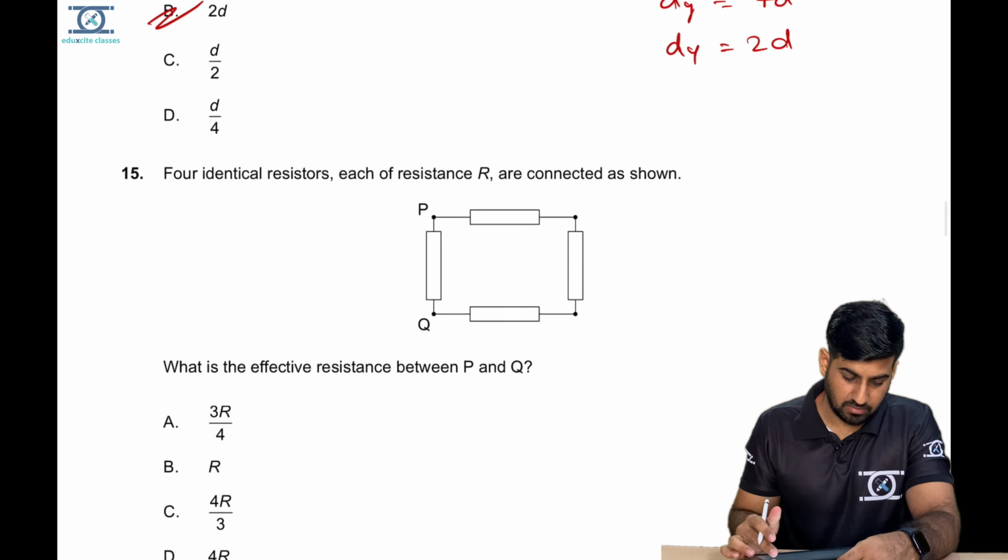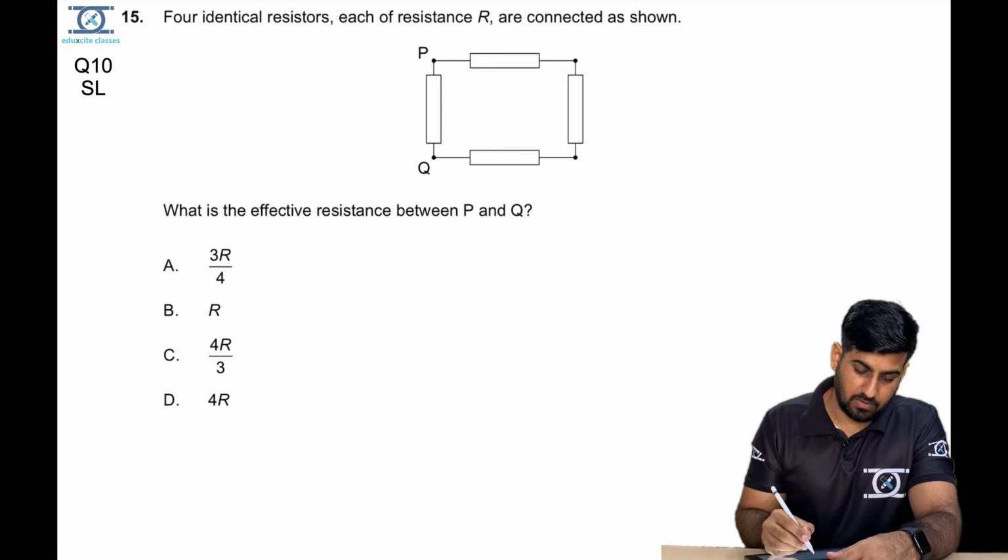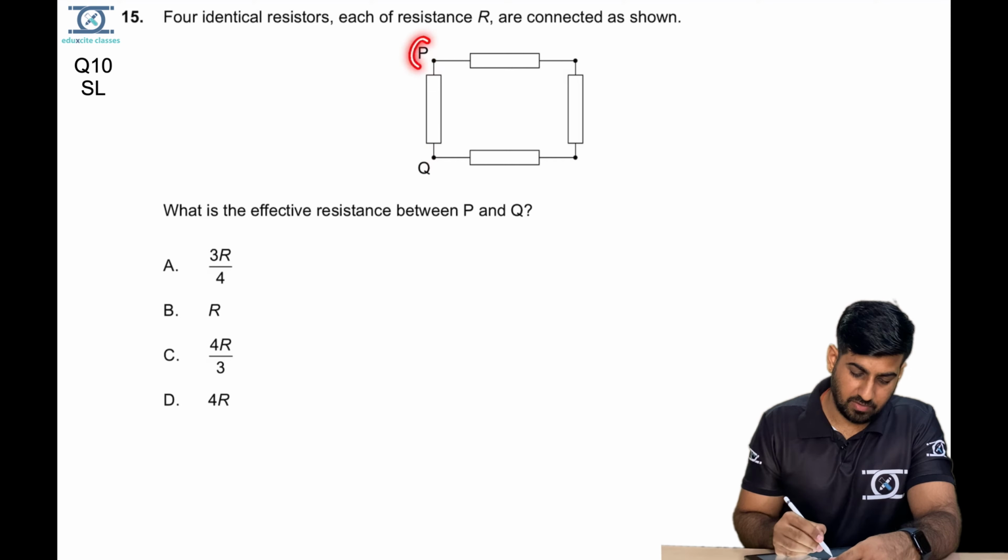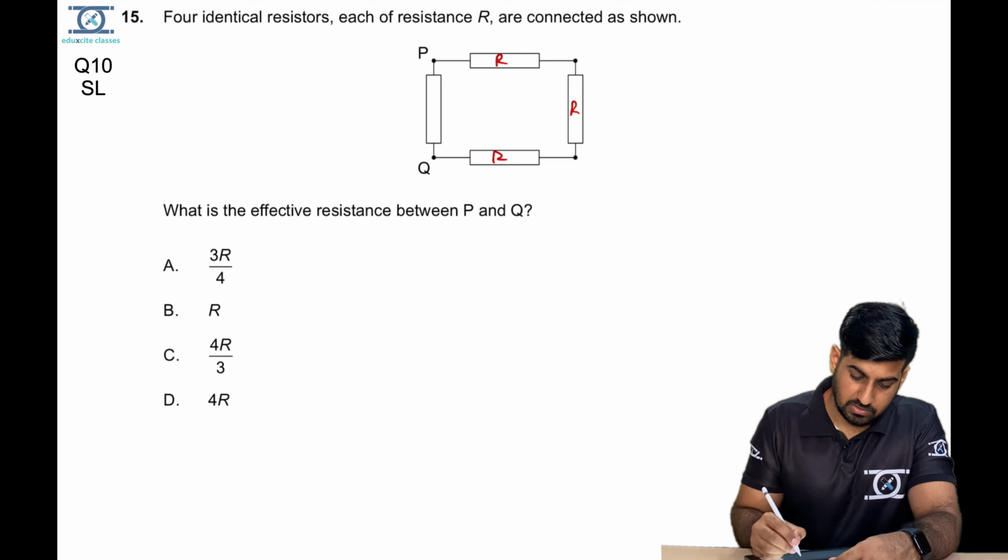Okay, simple calculations are involved. Again, 4 identical resistors, and we need the effective resistance between P and Q. So these are R, R, R, which will become R, and it's connected in parallel. This will become 3R.